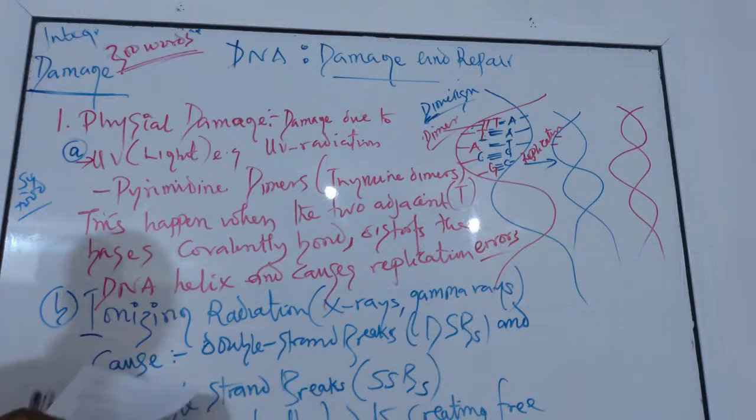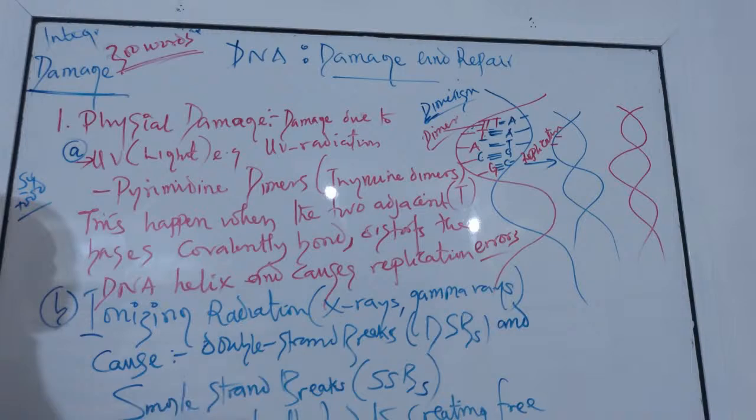By the time you consume all those synthetic foods that are canned, you are prone to having double strand breaks or single strand breaks. And this will eventually go on by releasing free radicals that are going to be too toxic to our DNA.